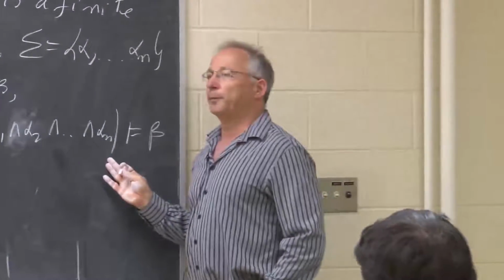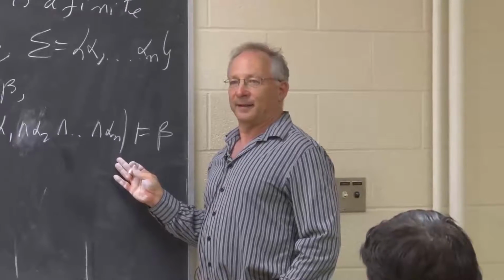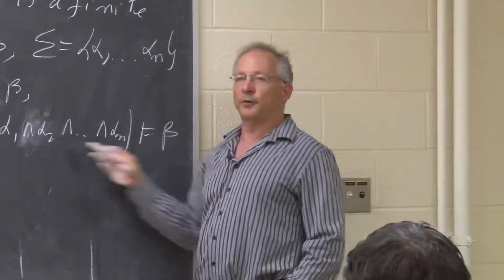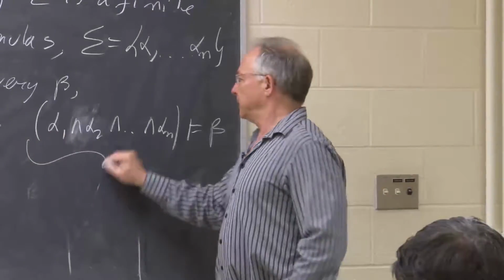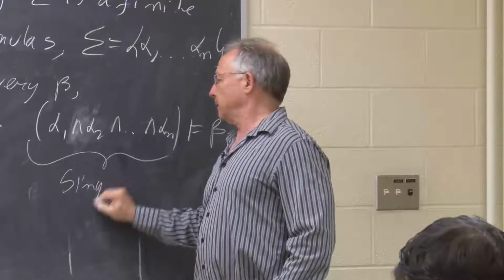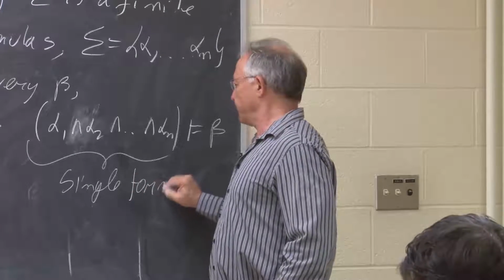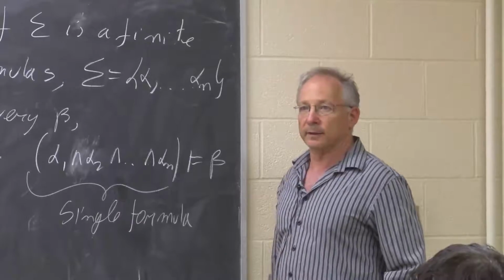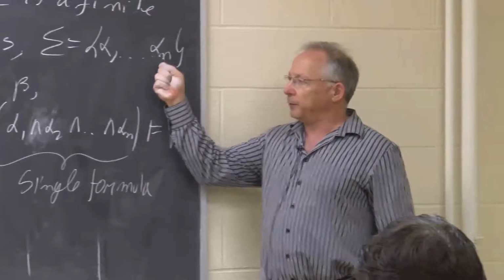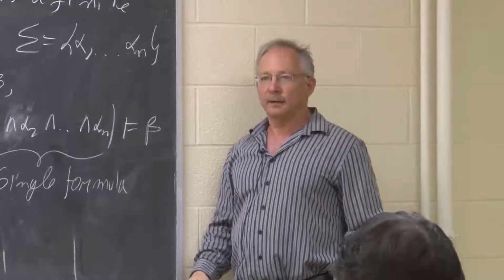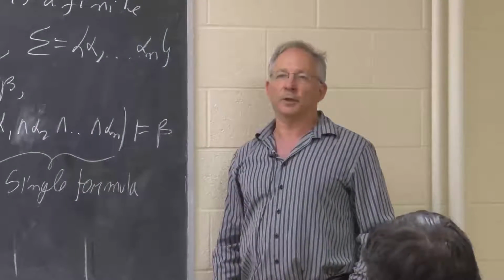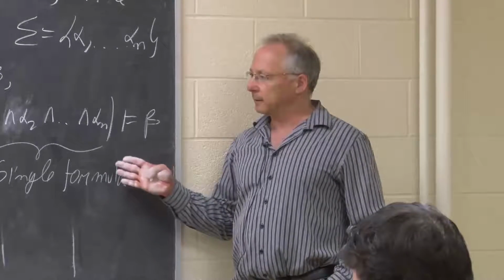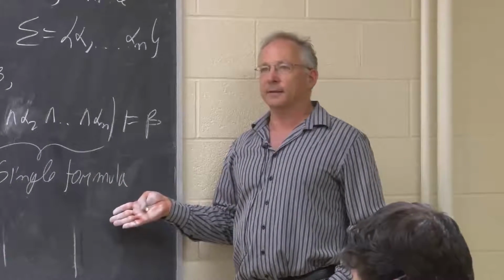I'm missing a lot of brackets here. But this is a single formula, and this is a set of formulas. And this set of formulas logically implies beta if and only if this single formula logically implies beta. And just prove it on your own as an exercise.